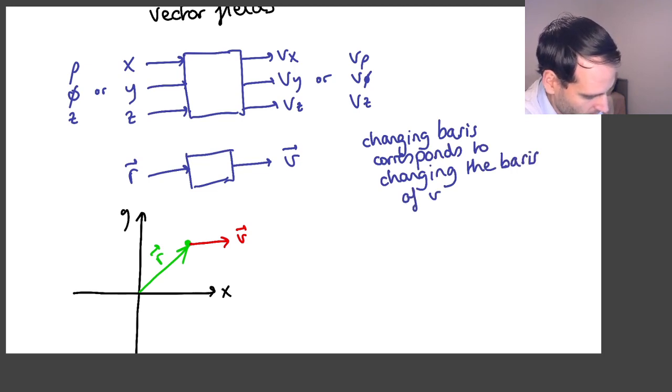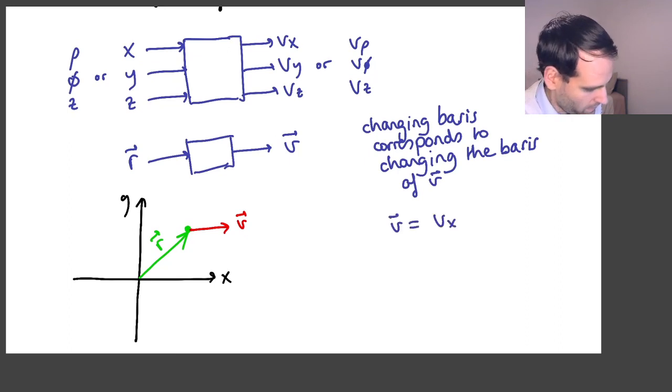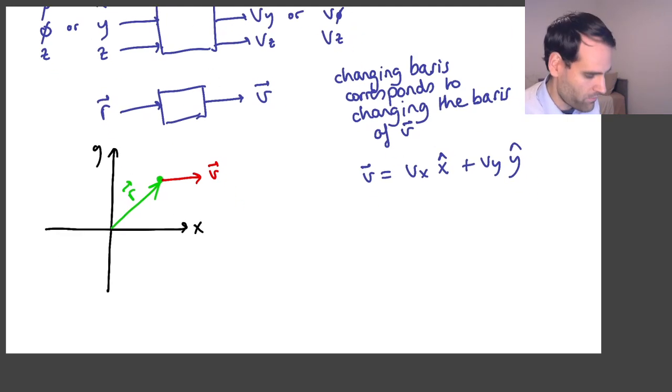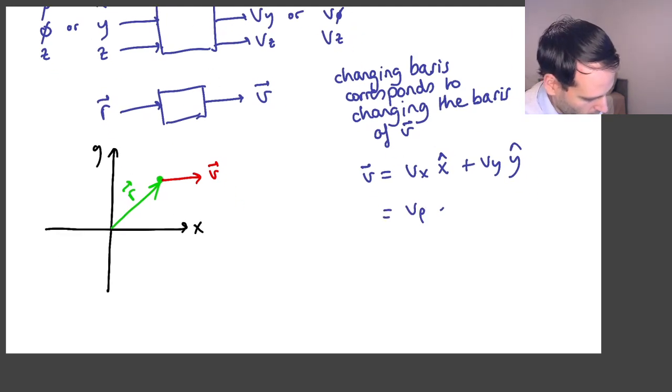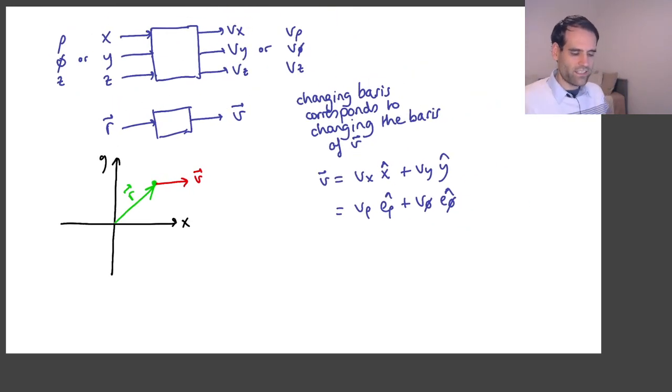And this is correct. So vector v can be written in x hat, y hat basis, or it can be written in e rho hat and e phi hat basis. So changing the basis of vector v is how you change between rectangular basis and polar basis.